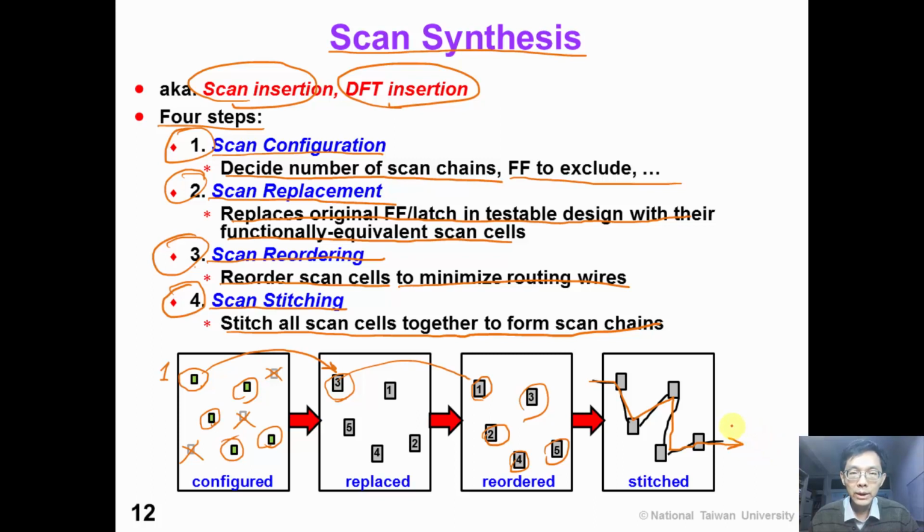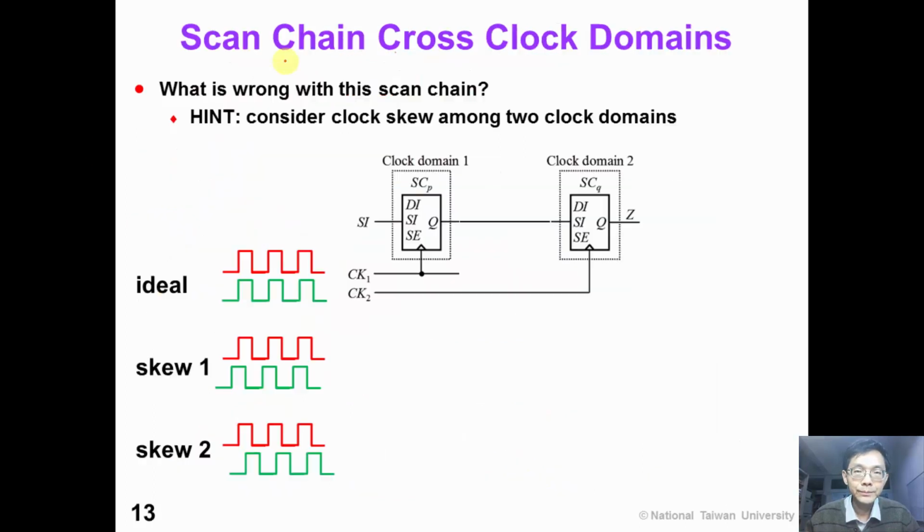In this way, we can insert a scan chain into our testable design. Although these 4 steps look very simple, there are many details that we need to take care of. In the following slides, we will discuss these details.